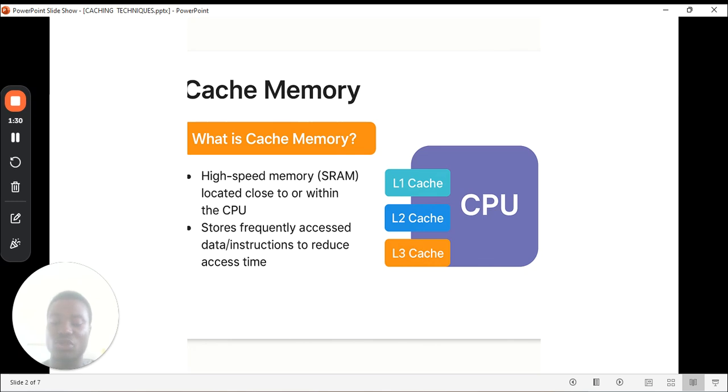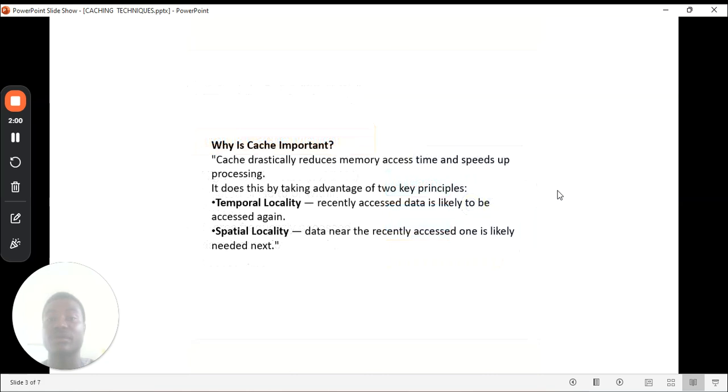Its main job is to store frequently used data and instructions, so the CPU doesn't have to fetch them from slower main memory. So that's how the cache memory works: high-speed memory that stores frequently accessed data and instructions to reduce access time. That's the definition of cache memory.